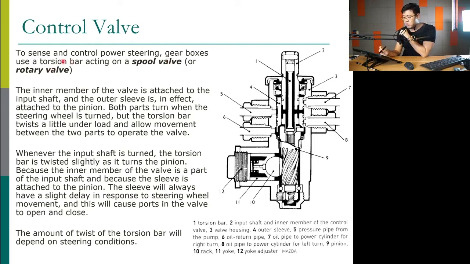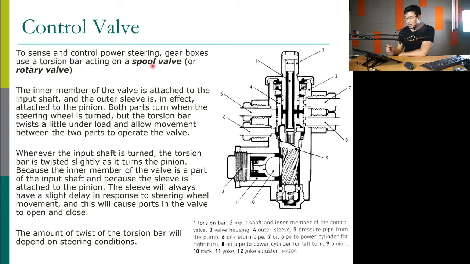There are two sleeves. One sleeve connects to one side of the torsion bar, and the other sleeve connects to the other side of the torsion bar. The torsion bar means the bar that can twist, right? So the operation of the spool valve depends on the twist of the torsion bar.